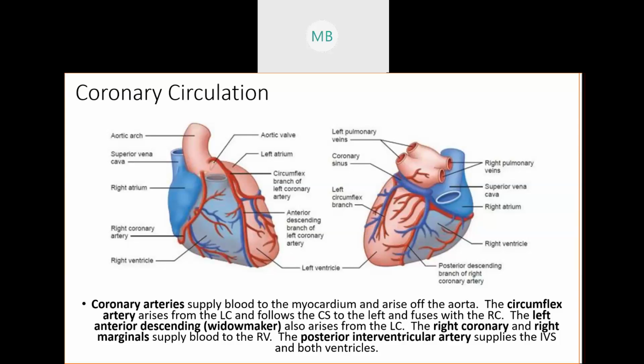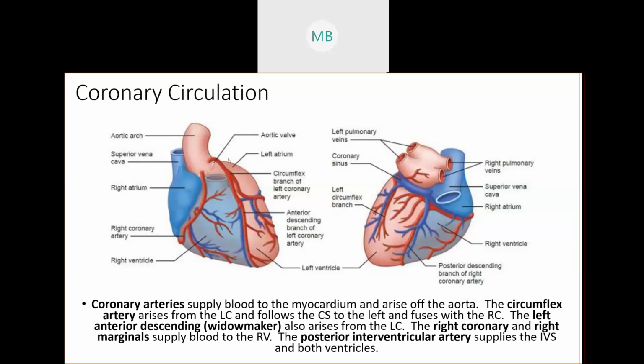The arteries that you guys need to know, right? There are right and left coronary arteries, coming directly out of this aorta here. Normally the pulmonary trunk would be over this, but this picture has the pulmonary trunk removed. So coming directly off of the aorta, you have this lovely right coronary artery and the left coronary artery, just branching straight off of that aorta. The right coronary artery is going to split into the right marginal artery, right?